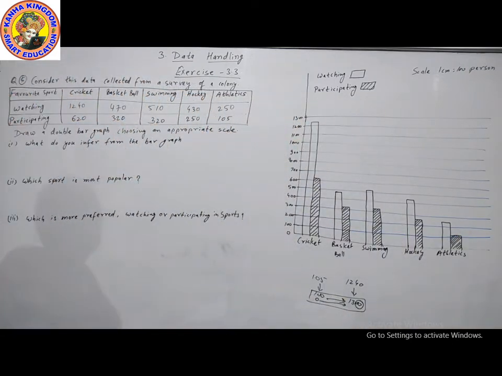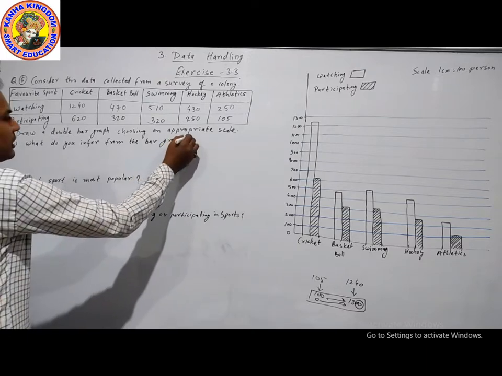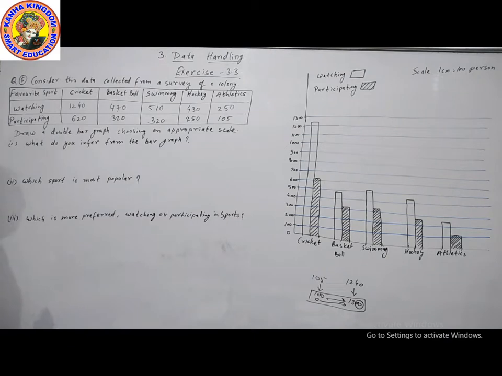This is our double bar graph. Now the questions. What do you infer from this bar graph?